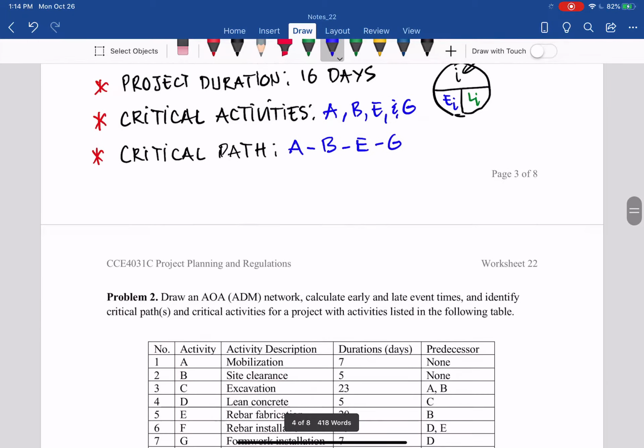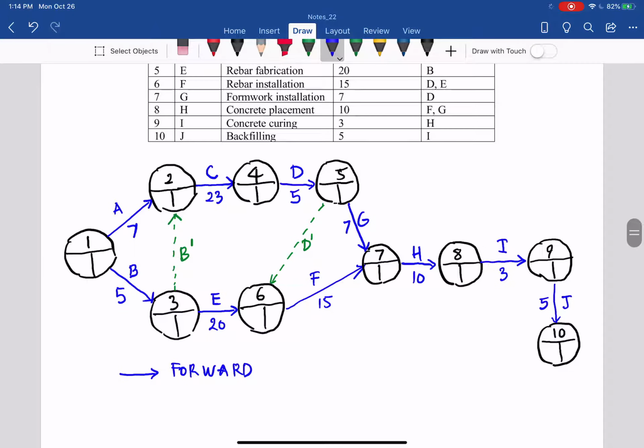So forward, we start at 0 at the first node. We have 1 node at the beginning of the whole project and 1 node at the end. In this case, node 1 is the beginning and node 10 is the end node for the whole project. So from here, forward: addition and maximum.